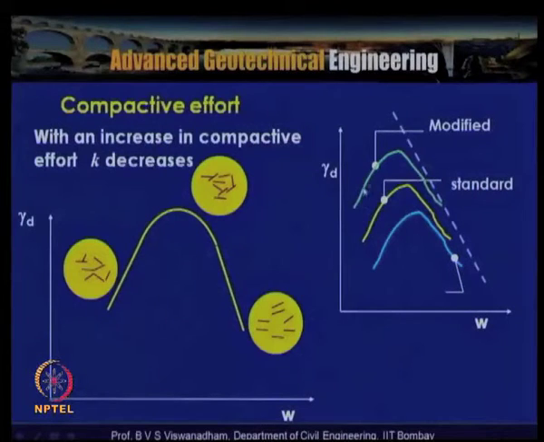Here, this is the lower compactive effort, this is the standard Proctor compactive effort, and this is the modified Proctor compactive effort. With an increase in compactive effort there is an increase in density and a decrease in void ratio, which means the permeability decreases.